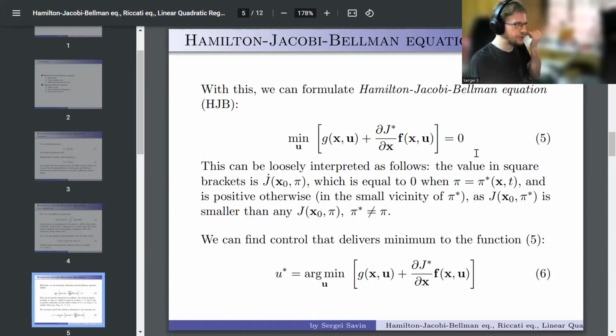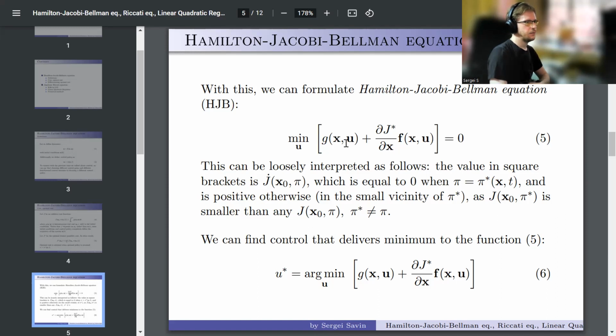Yet another way to think about it is that the cost is going to be bigger as long as you stray away from optimality. So the optimal cost is always the smallest possible. Any time you stray away from the optimality, you go uphill.